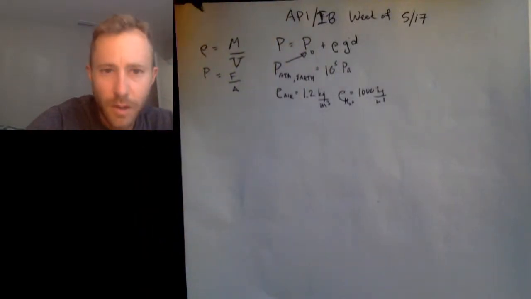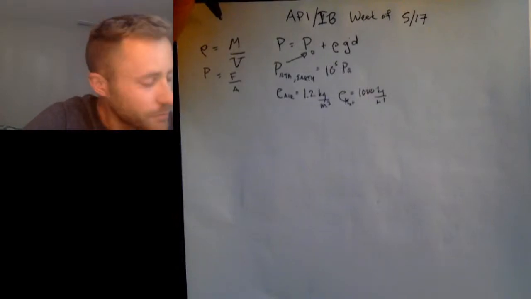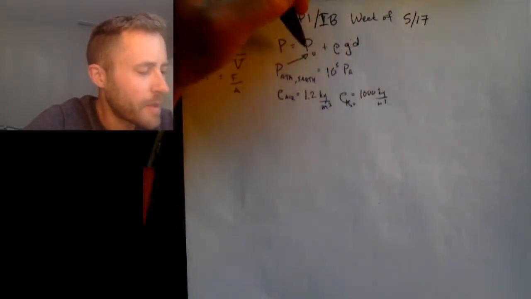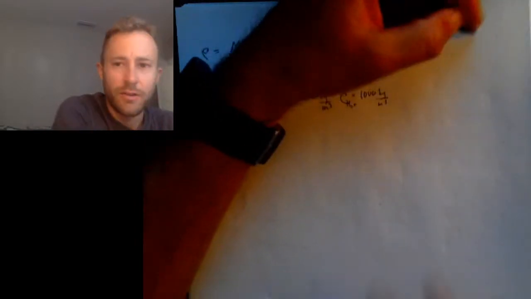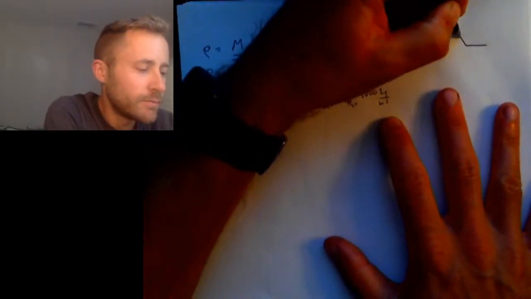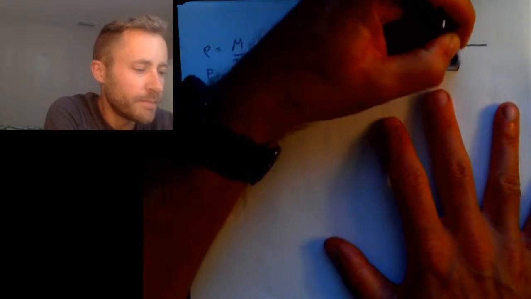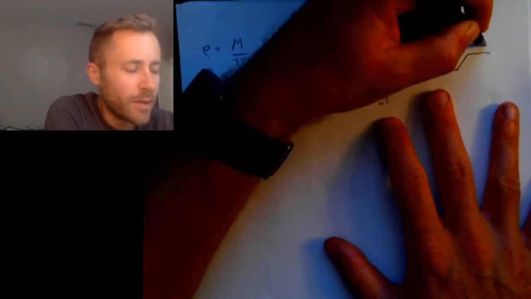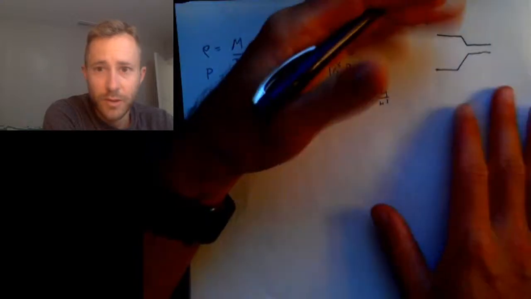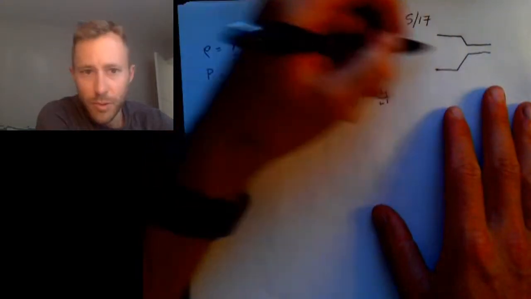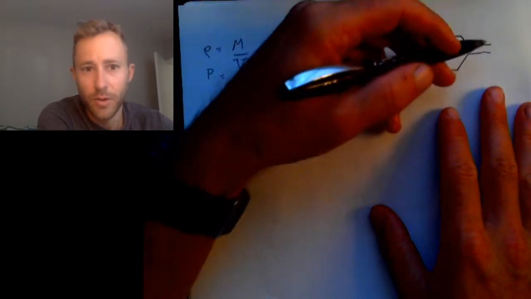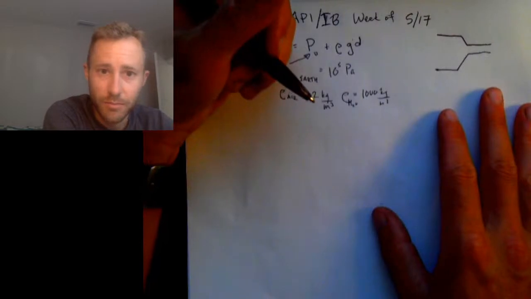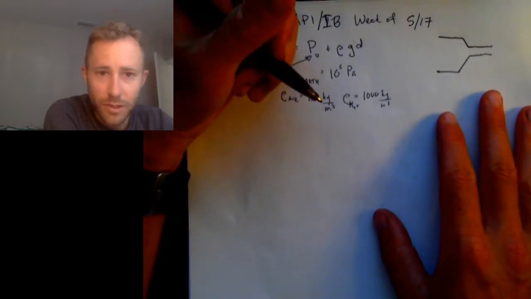We also learned about the continuity equation, which says that if you have a tube of fluid and it narrows or it widens, the volume per second of fluid that is going into the pipe has to be the volume of fluid per second that is exiting the pipe, assuming that the pipe has no leaks.